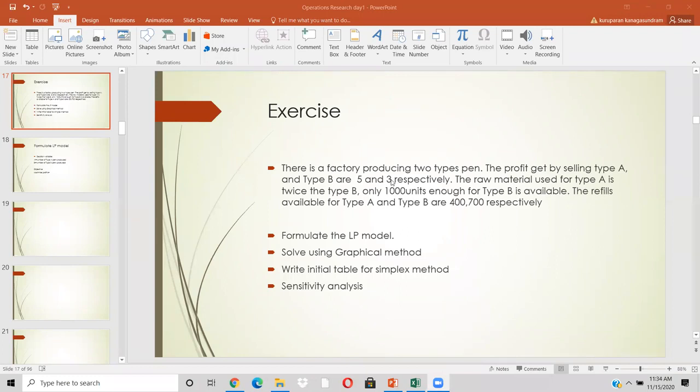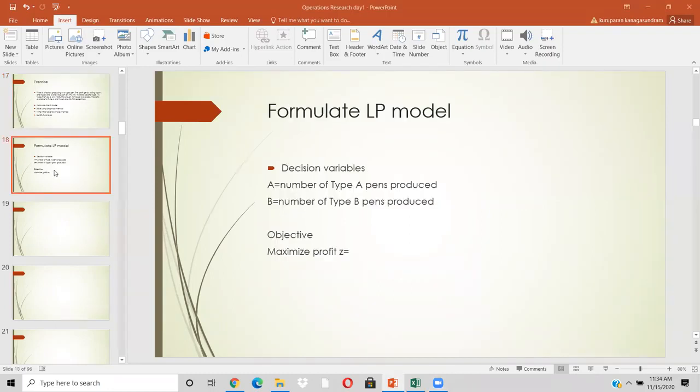So from 1 unit of type A we can get $5, and from 1 unit of type B we can get $3. So how many units are we producing actually? Not 8 units, not x.